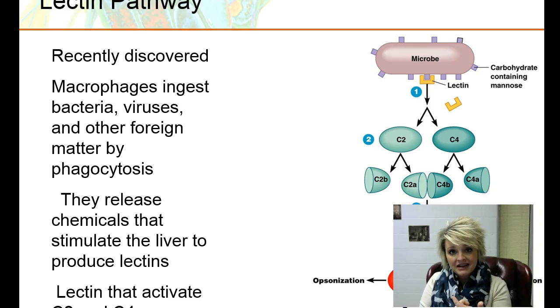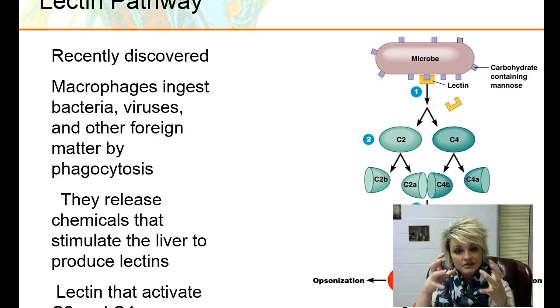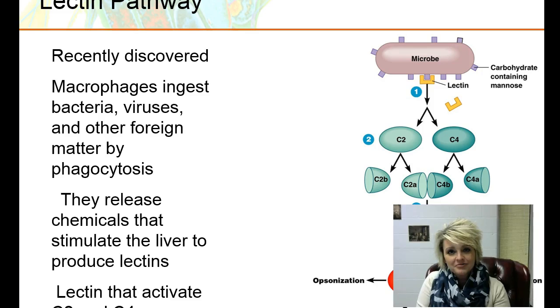When this lectin binds, that automatically activates C2 by splitting it into C2b and C2a, and C4 by splitting that into C4b and C4a. C2a and C4b find each other and combine, and in turn activate C3.